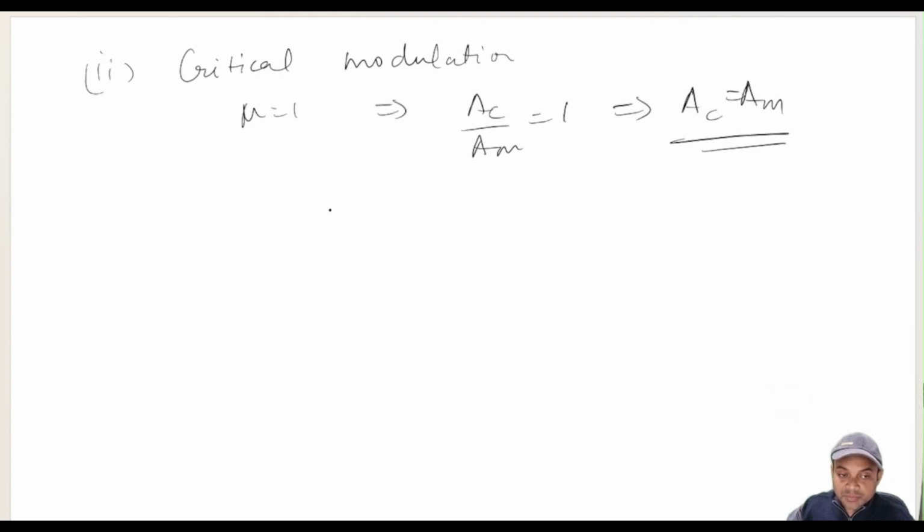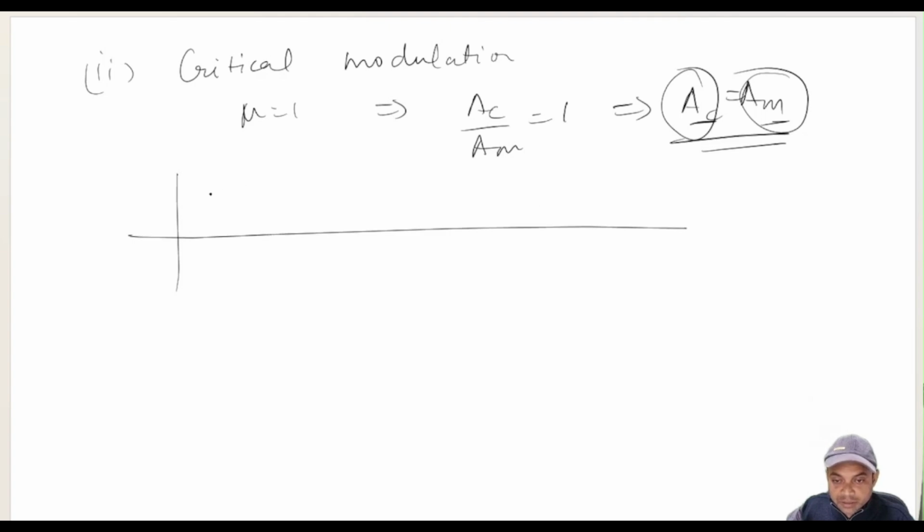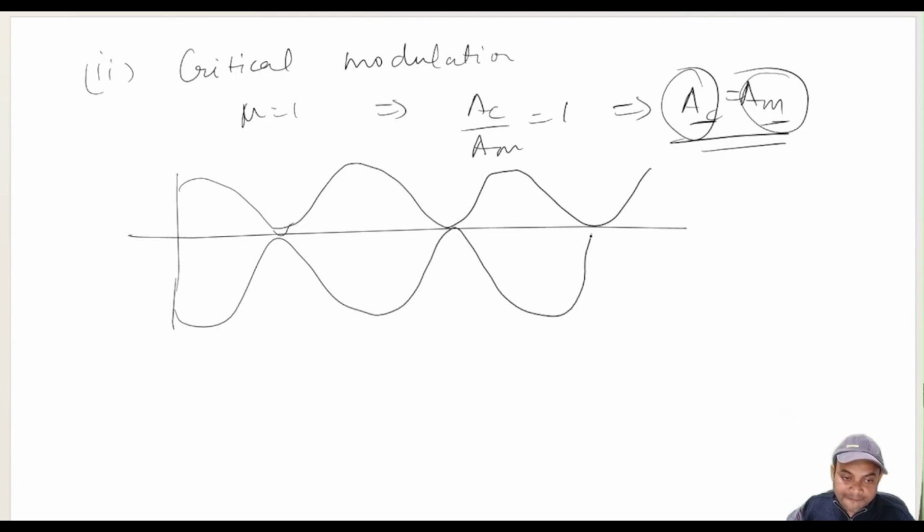The amplitude of carrier and maximum amplitude of message signal are the same. It means we will get it like that. We are touching the x axis here, and this will be our AM signal.